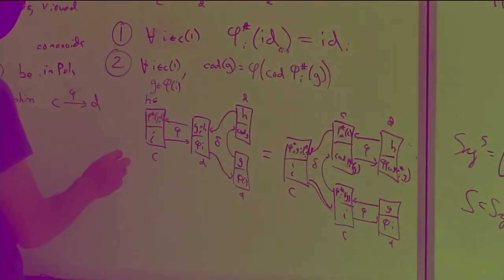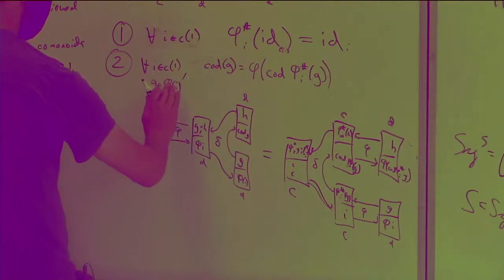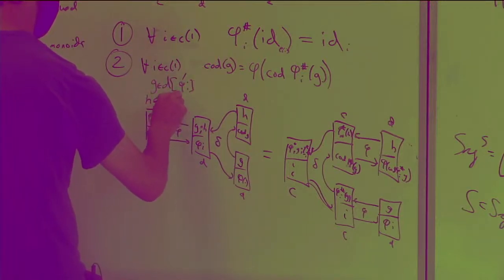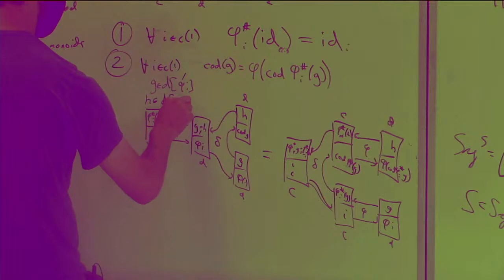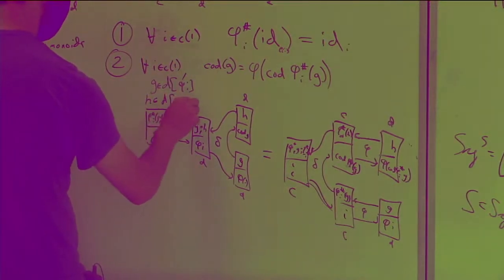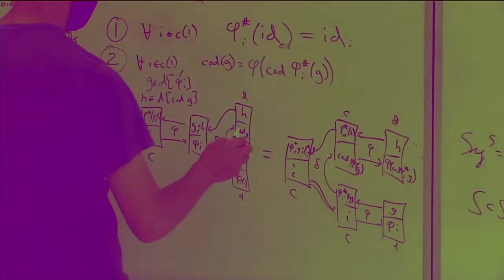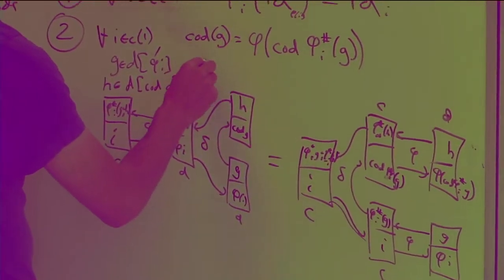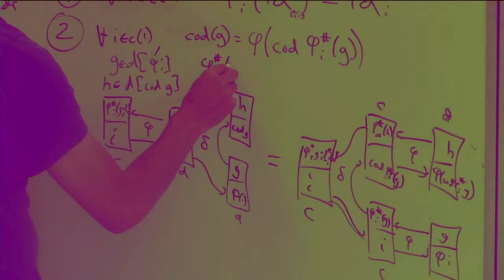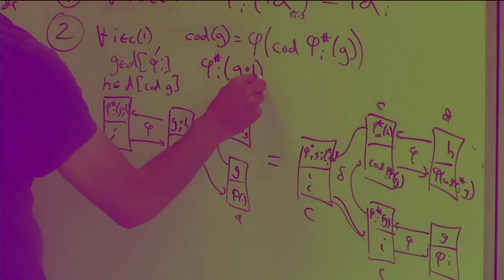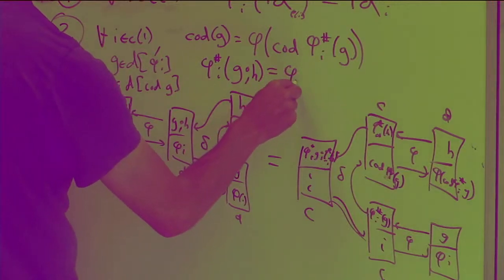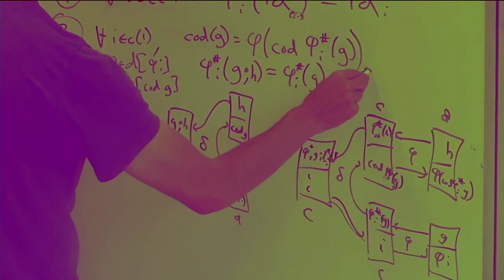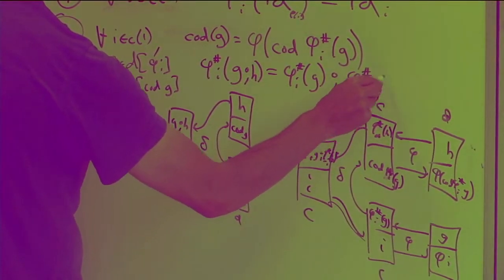H is in D bracket cod of G. So what we know now, our third axiom, is that phi upper sharp I, if we pull back G composed H, that's the same thing as pulling back G and composing it with phi sharp H.